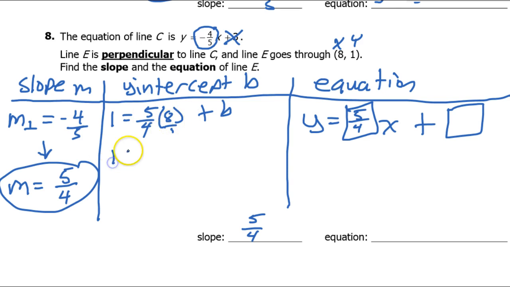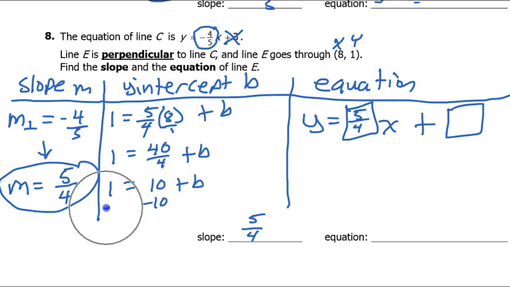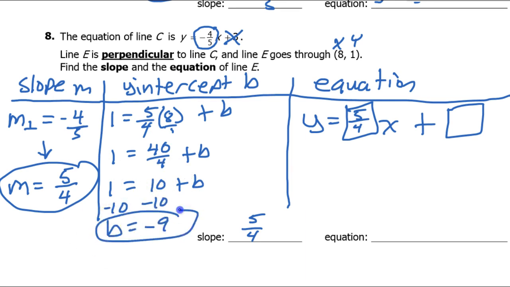So this is going to be 1 is equal to 40/4 plus b. So it's like having 1 is equal to 10 plus b. Subtracting 10 from both sides, I find that b is -9. So -9 goes here. And my equation is y is equal to 5/4 x. Don't put plus -9, just put -9.